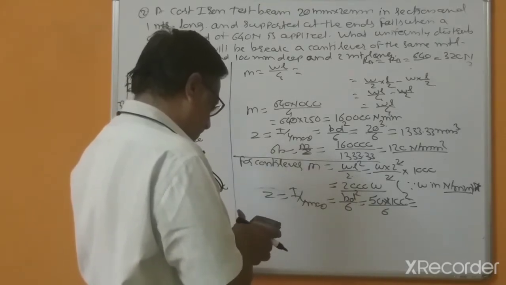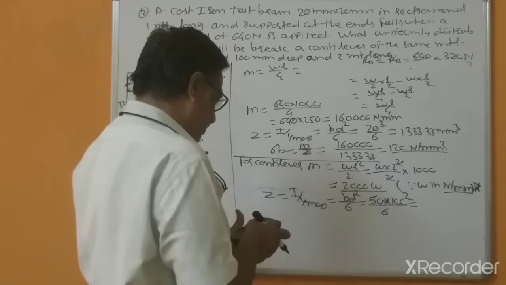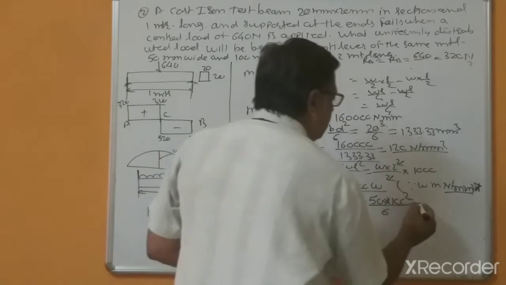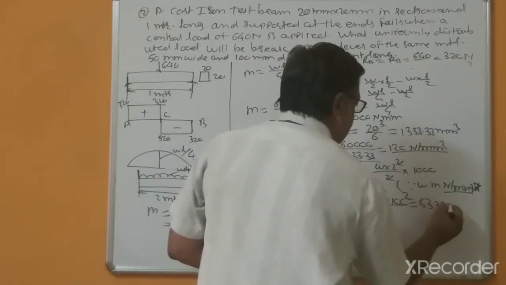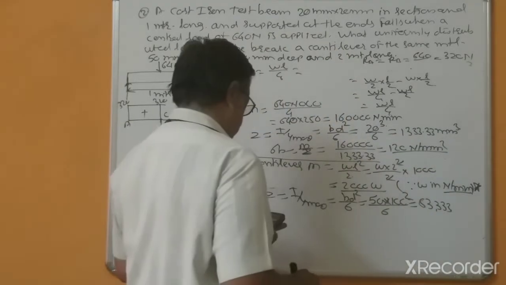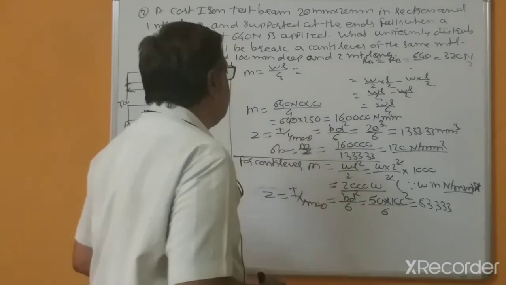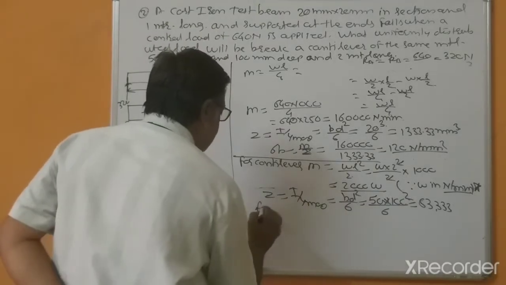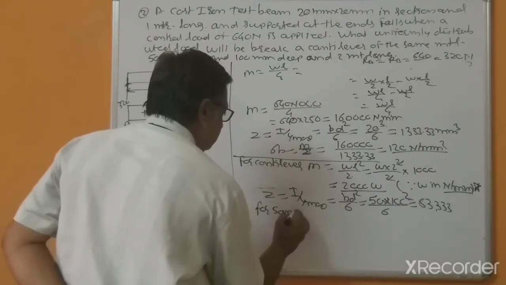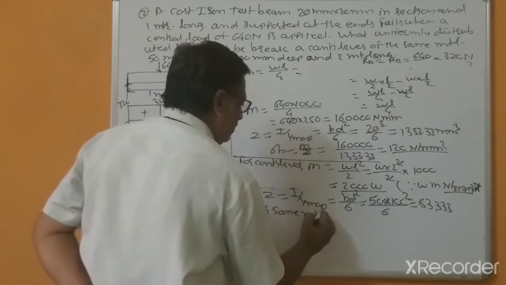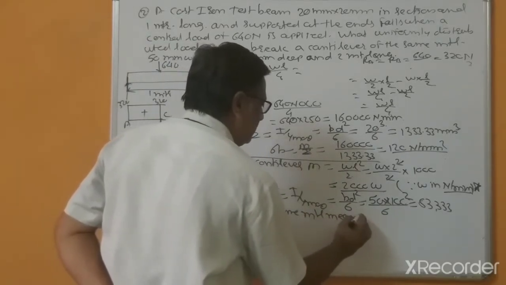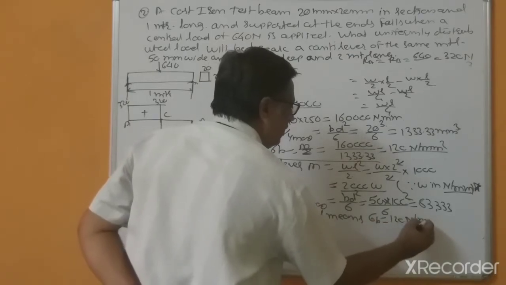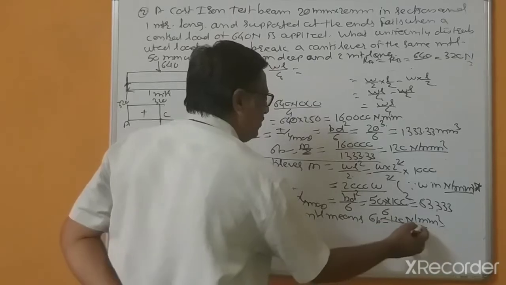So 50 into 100 squared divided by 6 equal to 83333. All right. Now for the same material, sigma B equal to 120 Newton per mm squared.